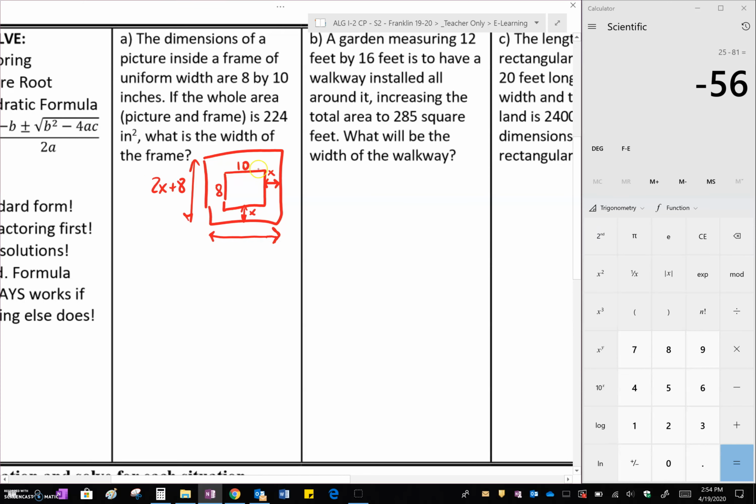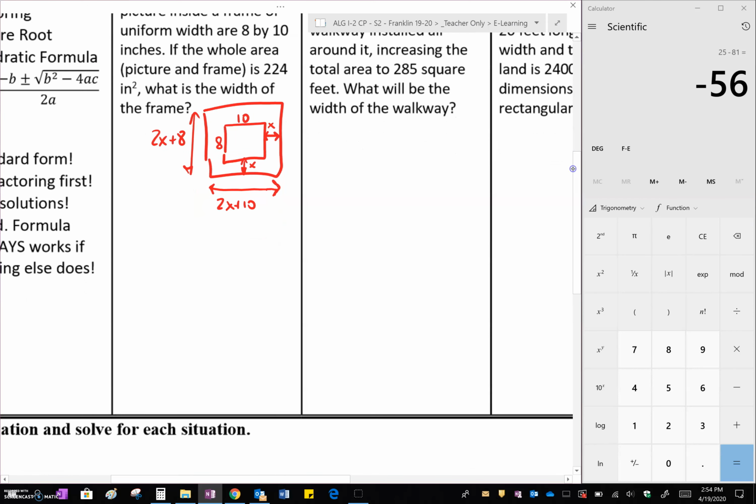So 10 here plus the x here and the x over here. So this is 2x plus 10. So the equation that we want to write is just the area formula for a rectangle. So 2x plus 8 times 2x plus 10 equals the area, 224.